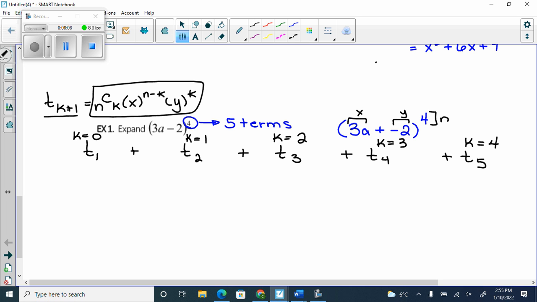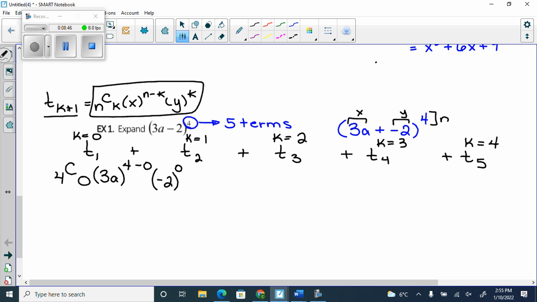So let's try and find term 1. Term 1 is n, which is 4, C, k is 0, and then x is 3a to the n, which is 4, minus k, which is 0, and then y, which is negative 2, to the k, which is 0.